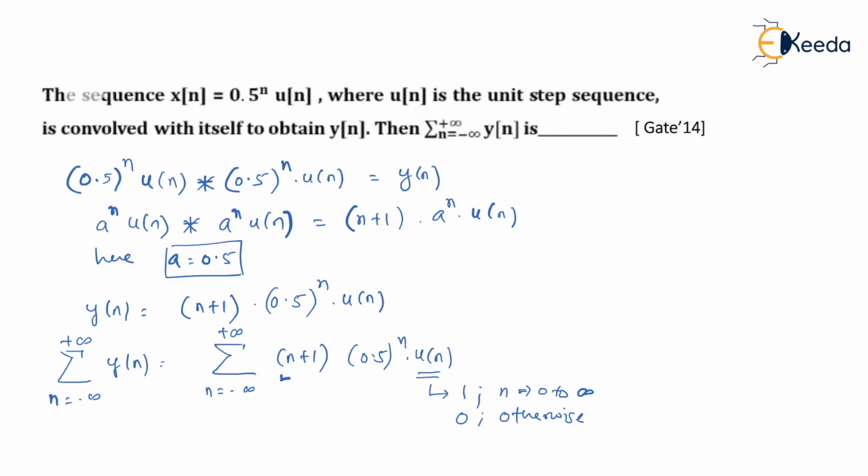I'll write the same expression, substitute 1 for u of n, make the lower limit 0, and keep the upper limit infinity. So it becomes the summation from n equal to 0 to infinity of n plus 1 times 0.5 to the power n.